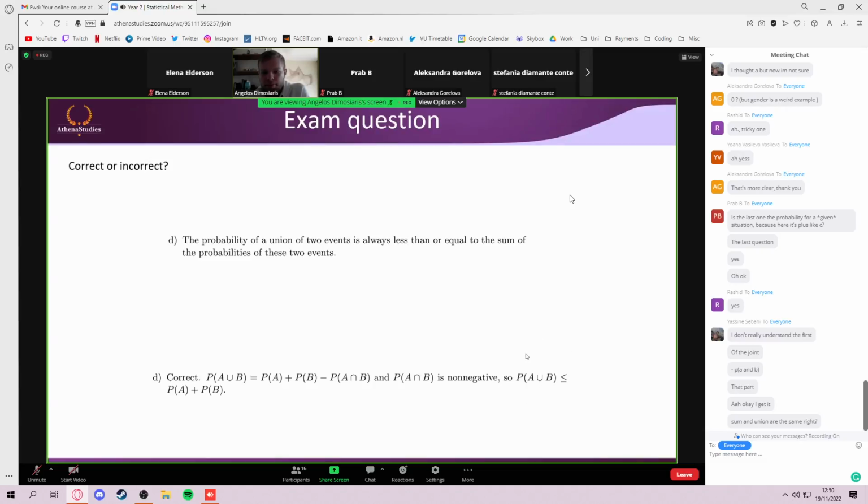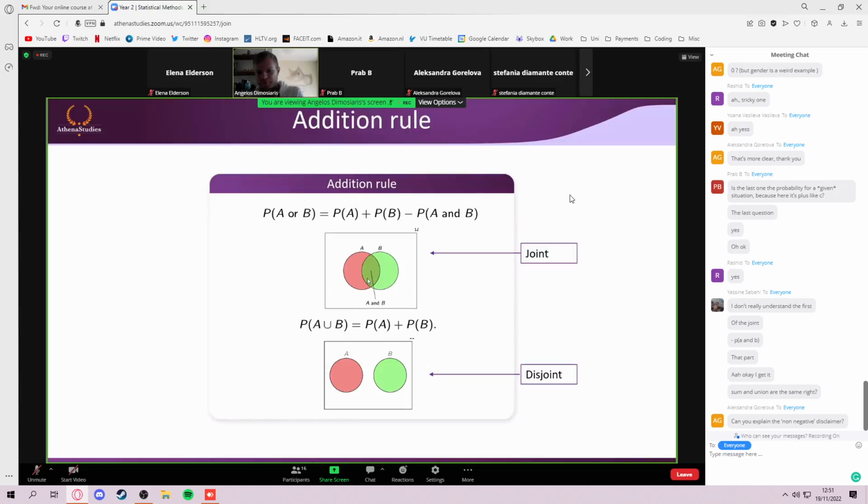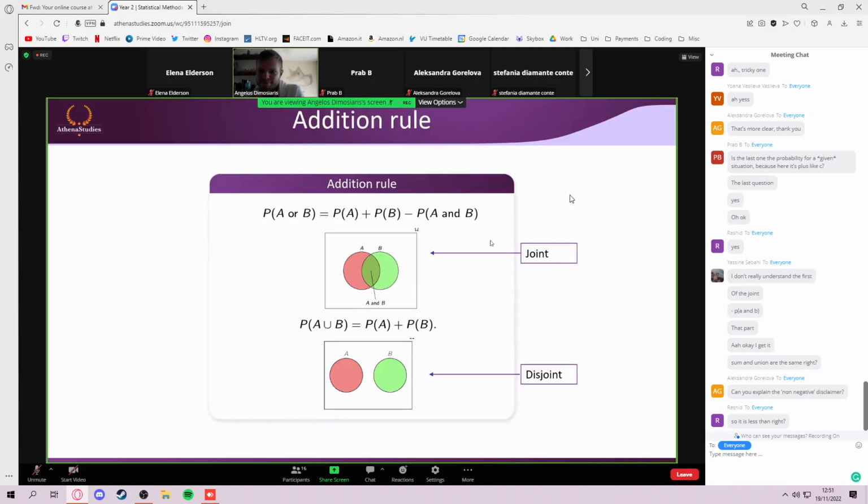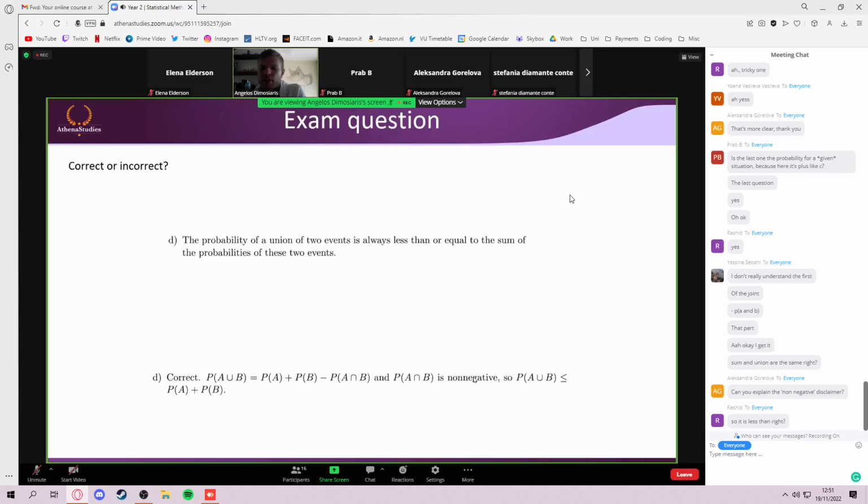So in all cases, the probability of A or B is less than or equal to the sum of A and B.